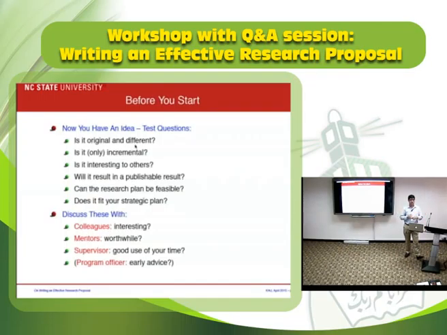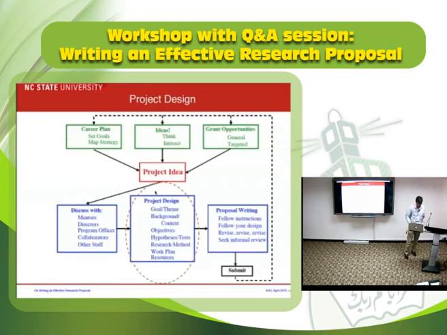And the program director is the one who has put together the solicitation and who will ultimately select reviewers to review the proposals that she or he receives. And in this case, if there is a program officer for the solicitation that you are targeting, then it may be a good idea to call them up and discuss.